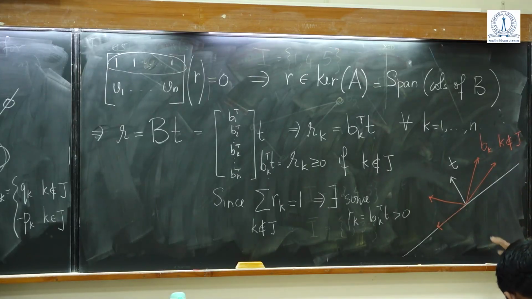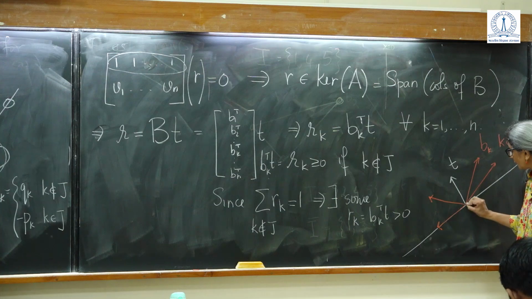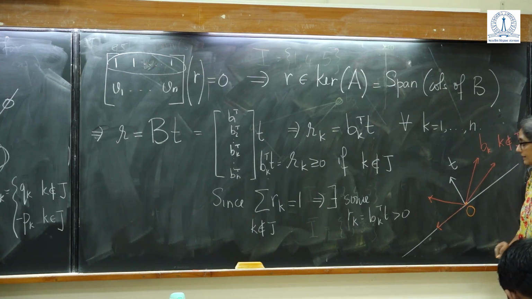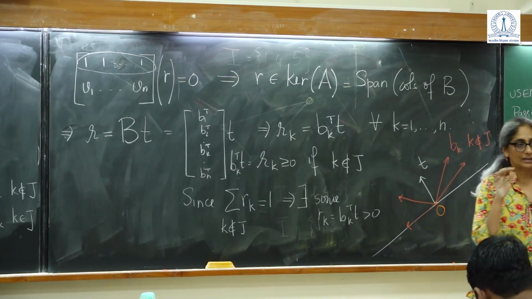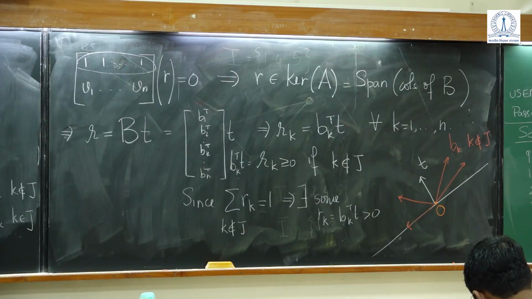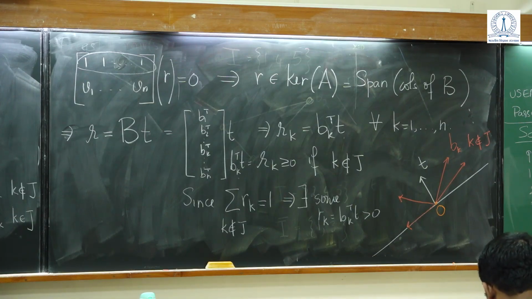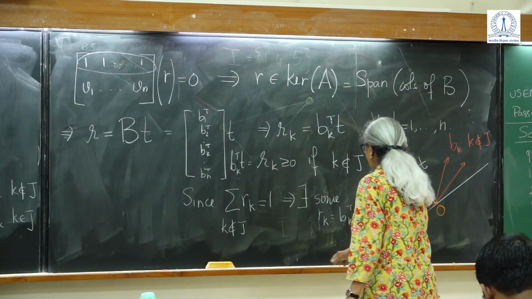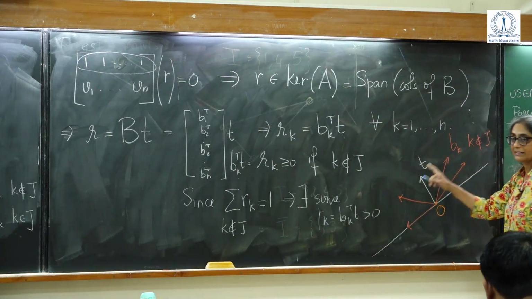Now what happens? Here's the origin. So if you convexify these BK's where K is not in J, will 0 be in the relative interior of the convex hull? So I'm going to convexify these BK's.